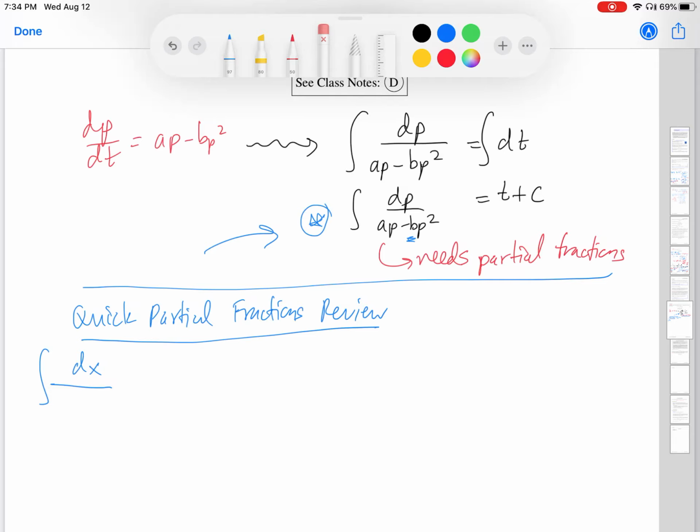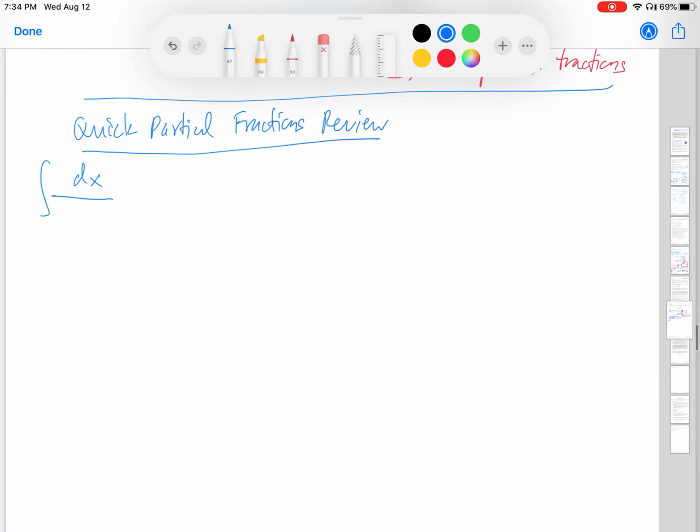Let me simplify things a little bit and make the problem more concrete so we can remember how partial fractions works. So let's try to integrate 1 over x squared plus 5x plus 6 in the denominator and use partial fractions to break this up. What do we do?